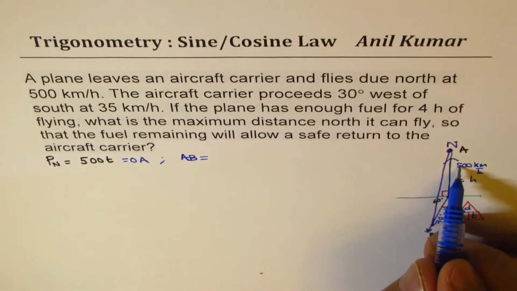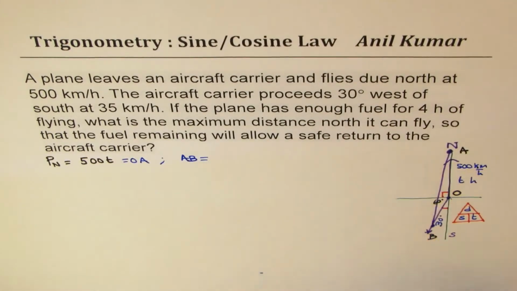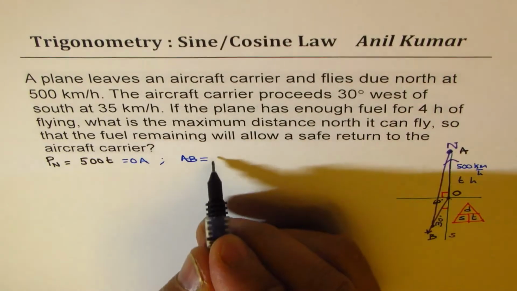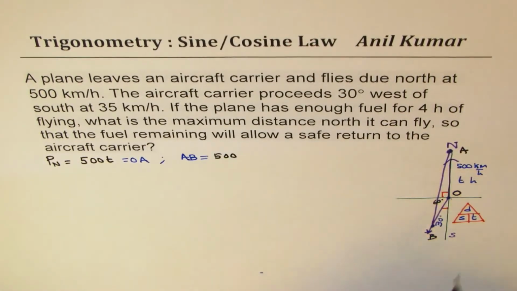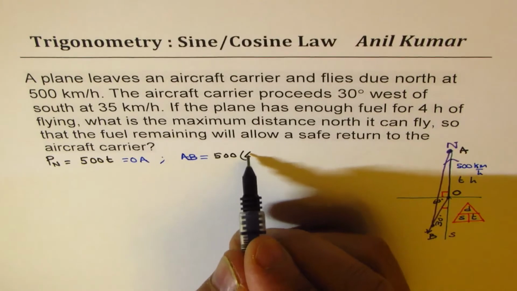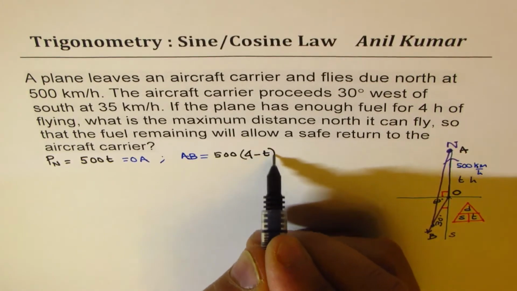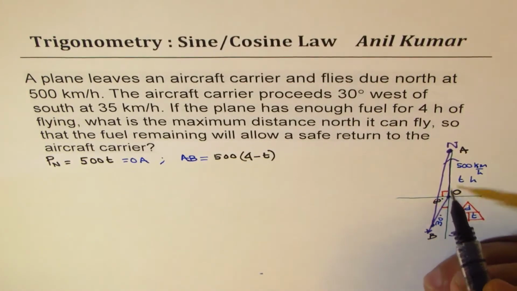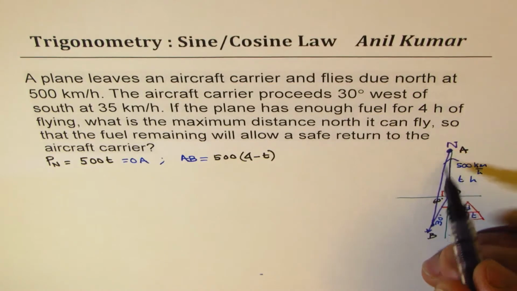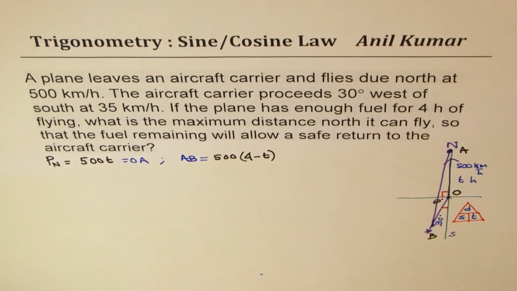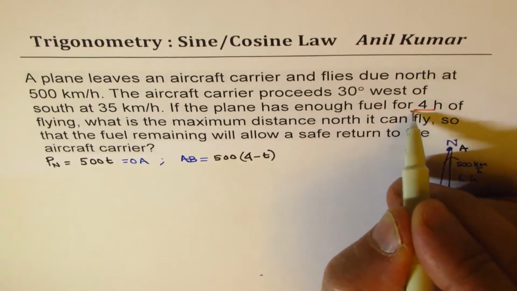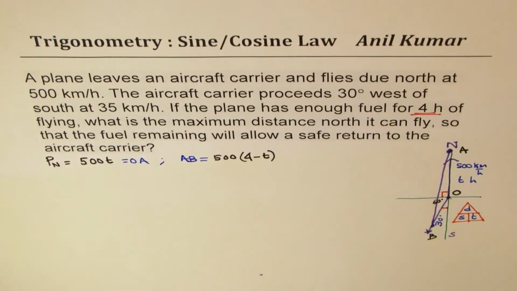is also at the same speed of 500 kilometers per hour. So we'll write 500 for the speed, but the time taken will be 4 hours minus T, since it flew for T hours north, and total time is 4 hours. Otherwise it will not have enough fuel to return, correct? What is OB equal to?